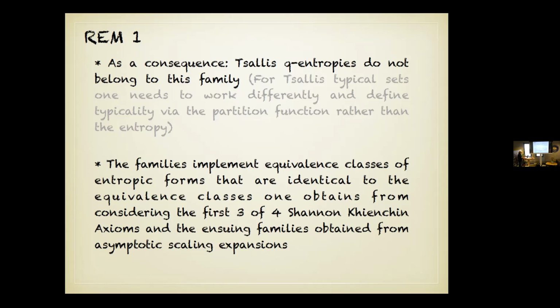So this means that this q logarithmic regime somehow works a little bit differently than the other one, and one should treat it on its own. Actually, and I will just mention it, it's in fact funny. One has to treat typicality in the Tsallis entropy regime a little bit differently from the other regimes.